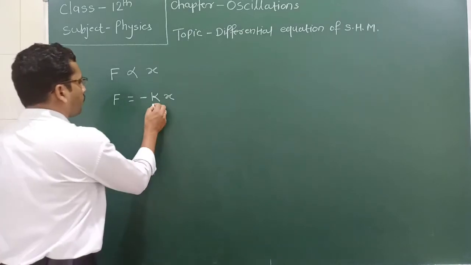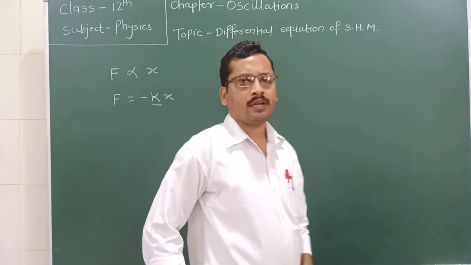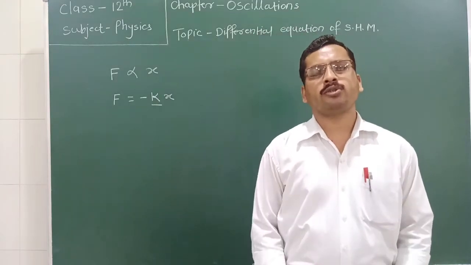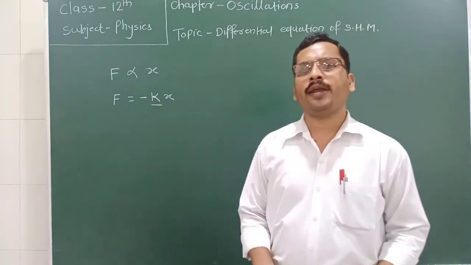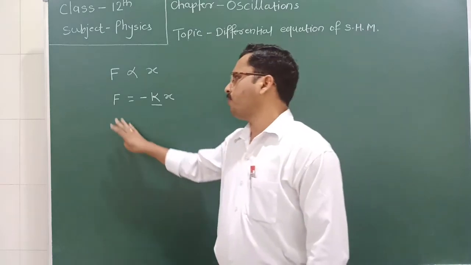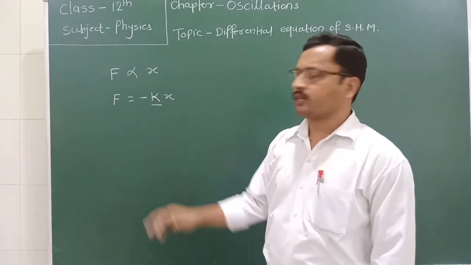So here what is k? k is a proportionality constant, which is known as the force constant, or also known as the spring constant, which depends upon the material of the spring. Therefore we can write F is equal to minus kx.